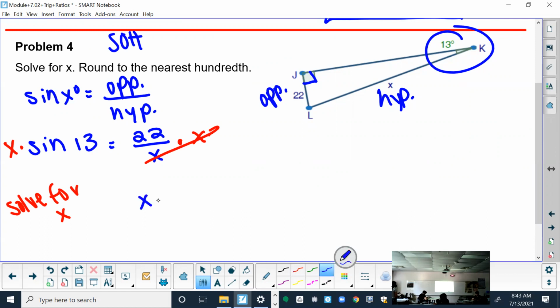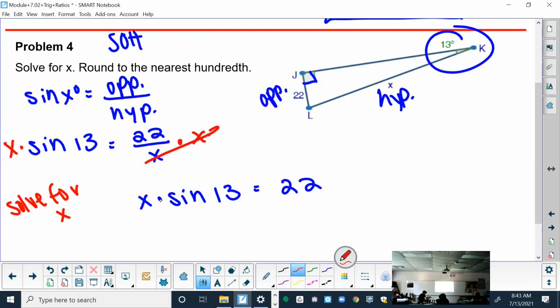On the left side, I have x times the sine of 13 equal to 22. Now we can isolate the x. It's kind of weird that we have to do that, but that's the rule since order matters with division. So multiply each side by x. Now you can start isolating it further.